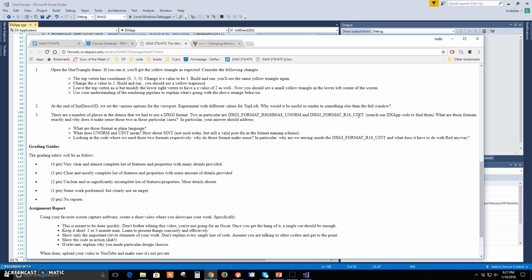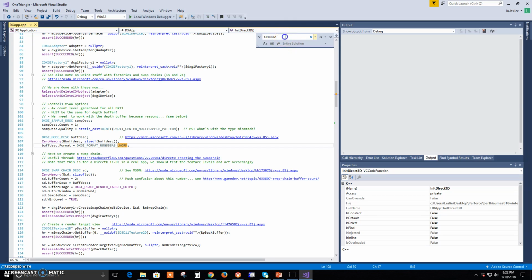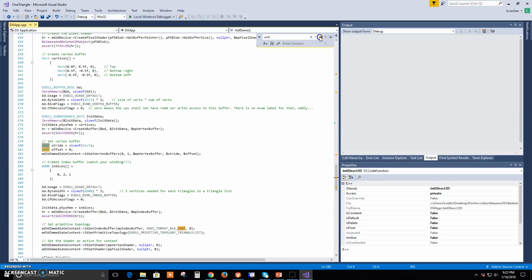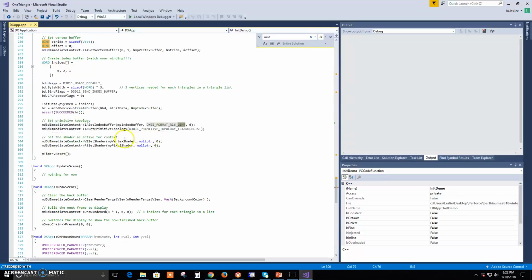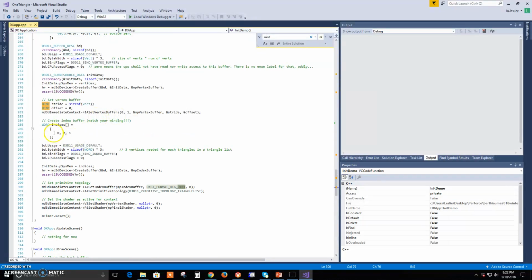R16 unsigned integer. Let me go over there. Okay, so over here, we want it to be an integer because the indexes are integers.